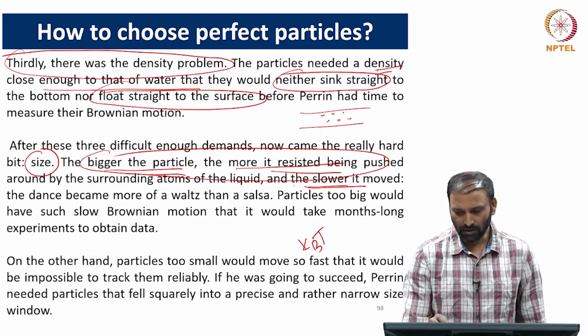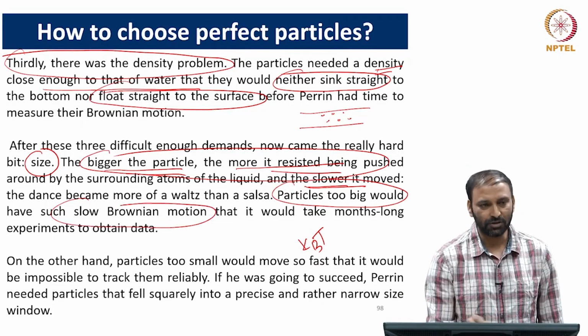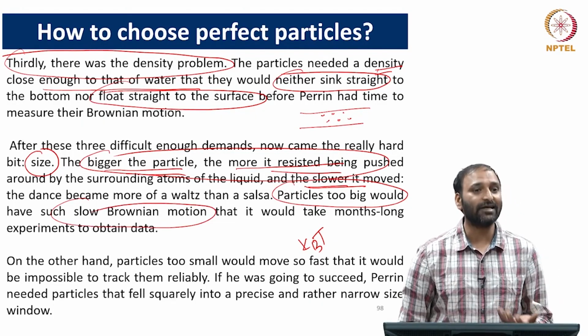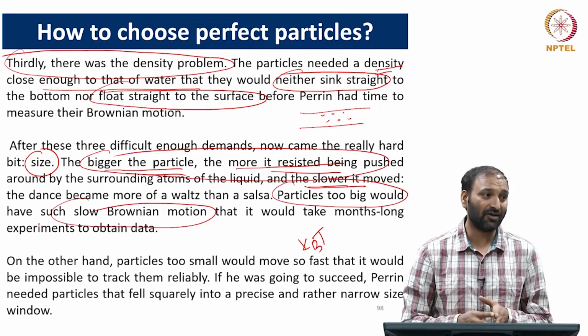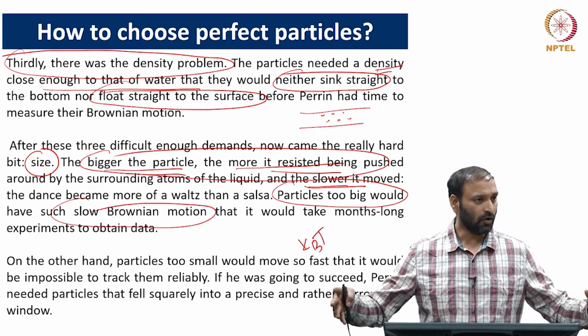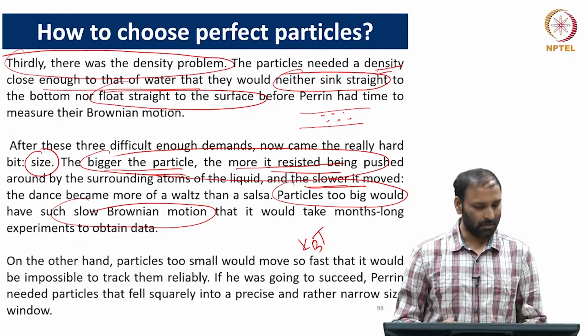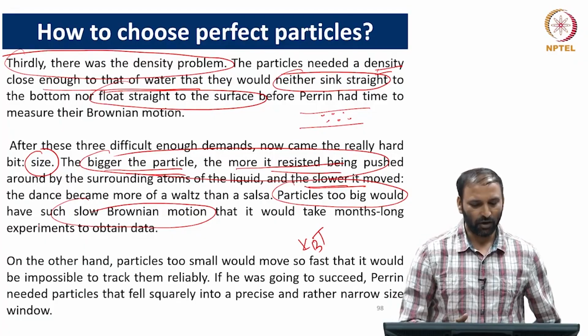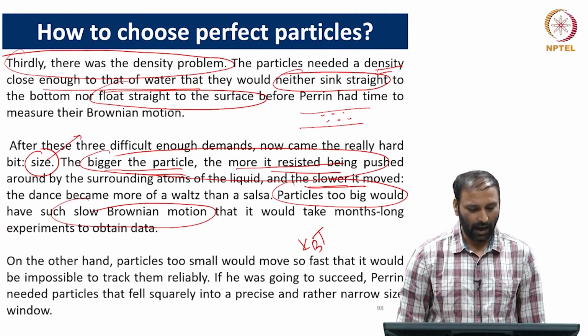So a particle that is too big would have very slow Brownian motion, or may not even exhibit Brownian motion, right. If it is very slow, then you may have to do experiments for a very long time, or if they don't move, you don't even have a chance of measuring Brownian motion, right. So the particles have to be of the right size, okay.